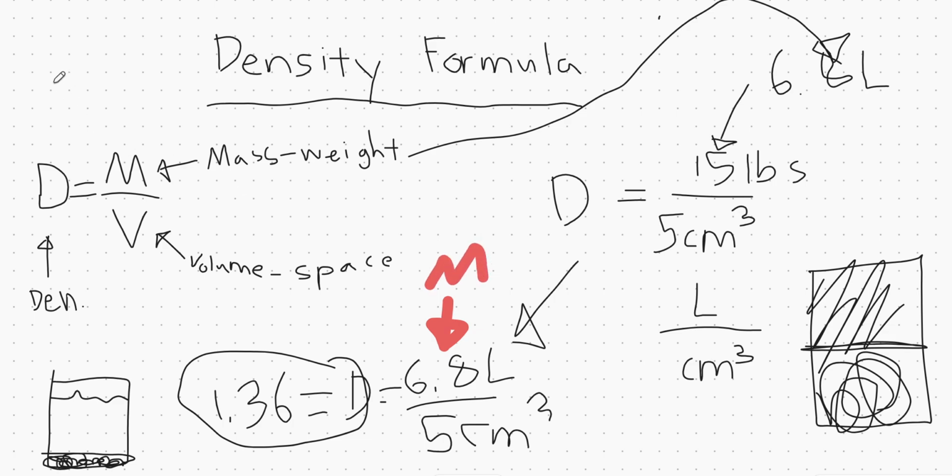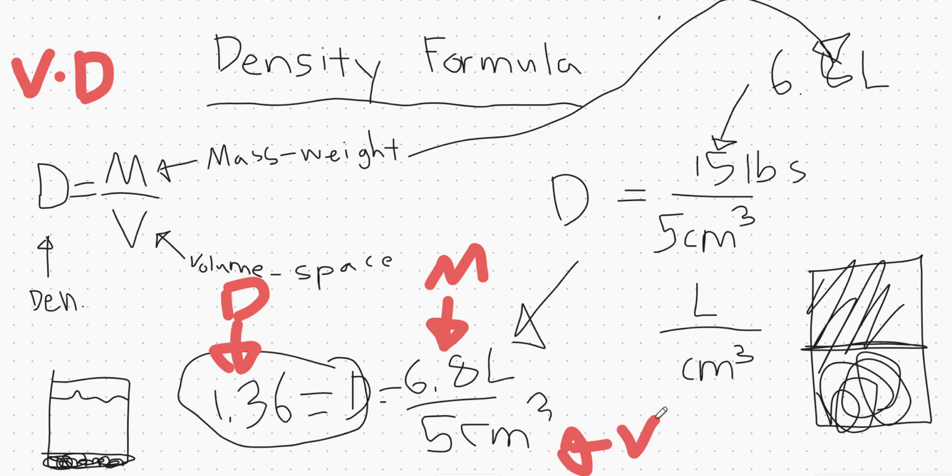So to find our mass, we set it as volume times density. Our density is 1.36, and our volume is 5. If we do 5 times 1.36 in a calculator, we will approximately get 6.8. You can double check that too, but I'm pretty sure it would be 6.8.